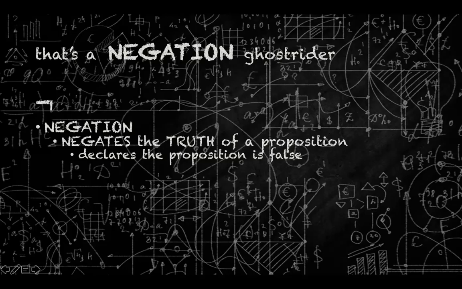Okay? So if we have the negation before a proposition, what we're saying is the proposition we're talking about is false. Okay? So we have this, right? And this, the negation sign followed by P, simply just means not P. Or P is false. It's not the case that P is true, right?